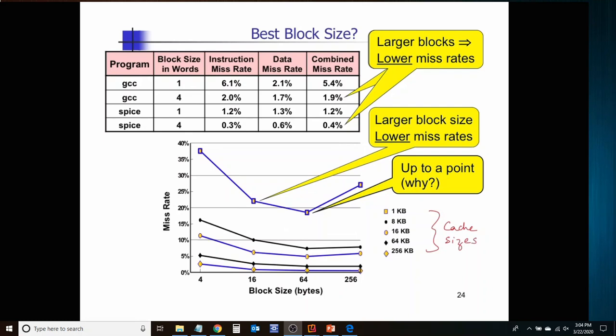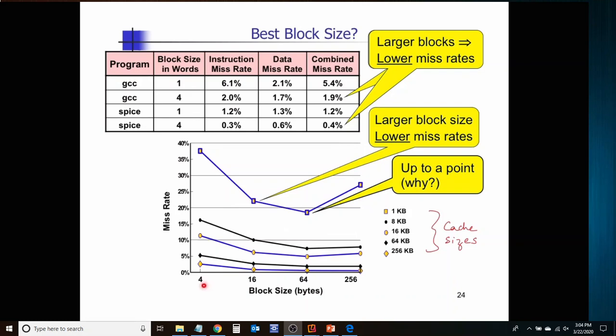And obviously, if you have a small cache, you are going to have a higher miss rate than when you have a really big cache. So that's going to be the trend as far as the cache size goes. But inside, say, if we assume that we are working with a 1 kilobyte cache, we are referencing this line plot here.